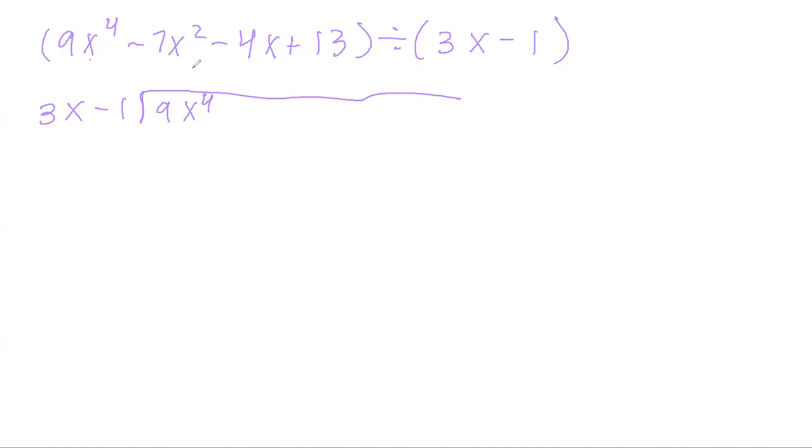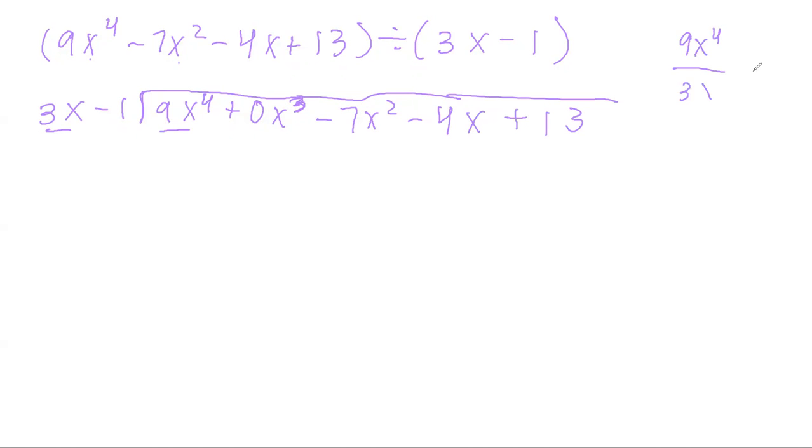I have x to the 4th, x squared, x, and then a coefficient. I need to fill in an x cubed, so I'm going to put plus 0x cubed, and then minus 7x squared minus 4x plus 13. Okay, so I look at what do I multiply 3x by to get to 9x to the 4th, and if it helps, just set it up as division.